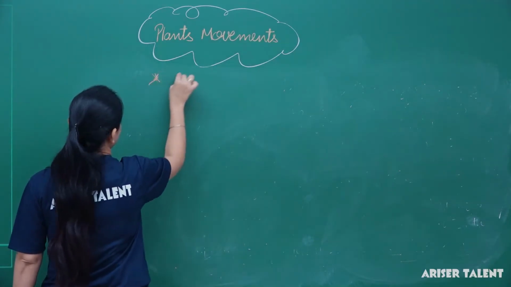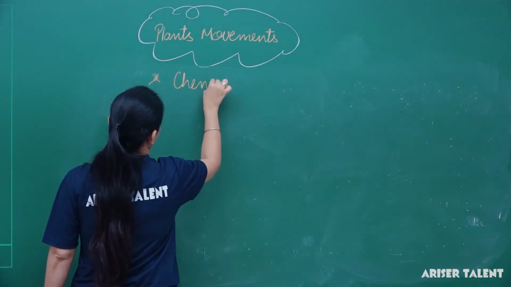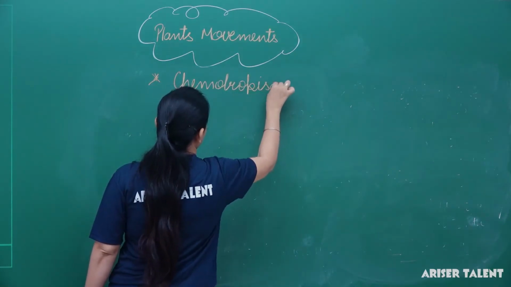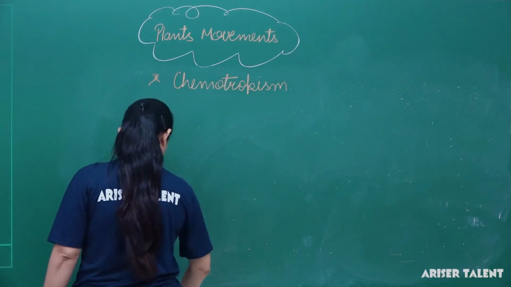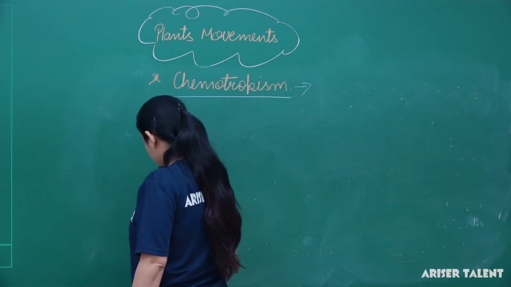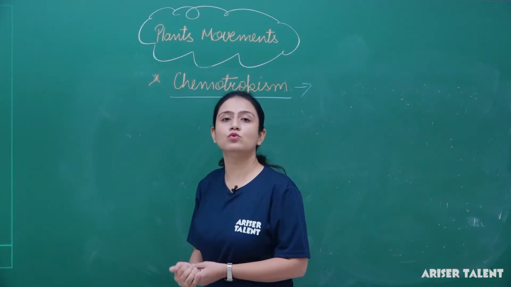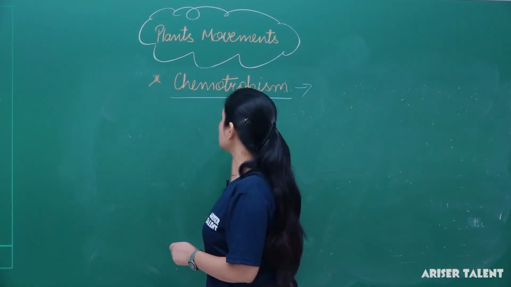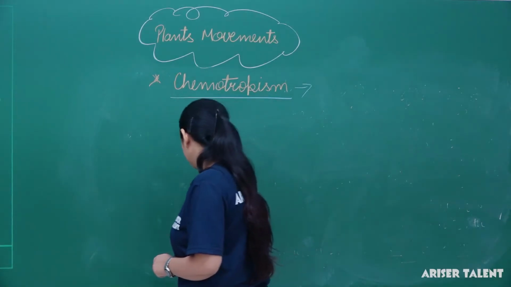What is chemotropism? When the part of the plant shows movement towards a chemical or due to a chemical, that is known as chemotropism.